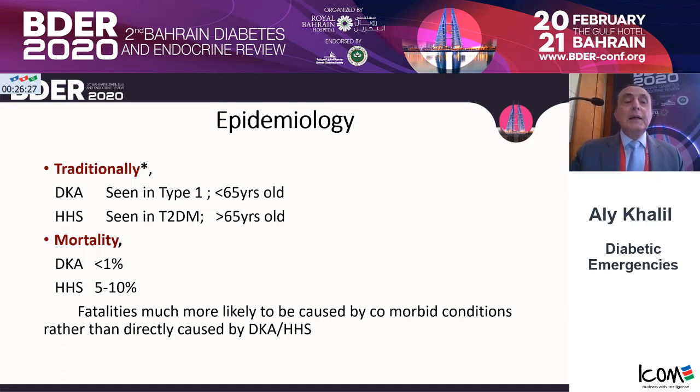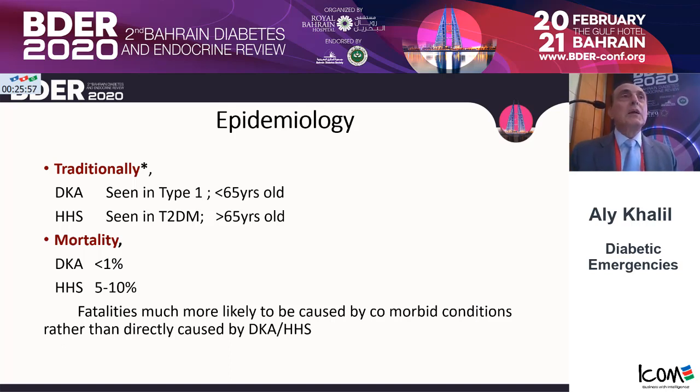Surprisingly, mortality, if you think about it, is tenfold higher in the hyperosmolar hyperglycemic syndrome compared to diabetic ketoacidosis. And this is due to the coexistence of comorbid conditions that you see more frequently in the patient with hyperosmolar hyperglycemic syndrome. But again, both conditions can coexist at all ages.